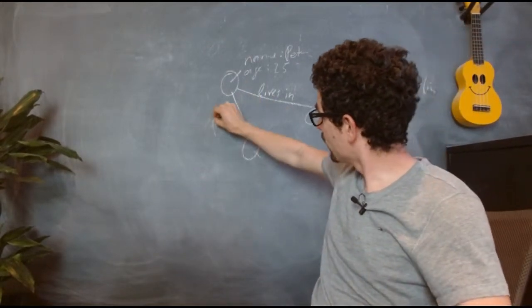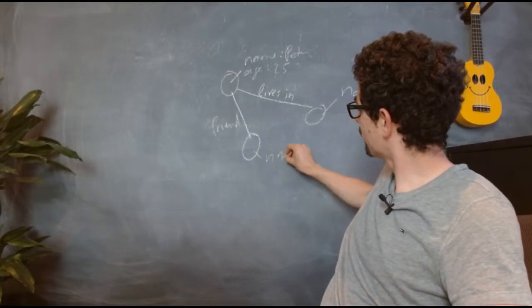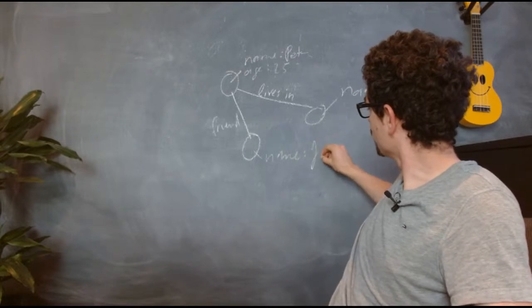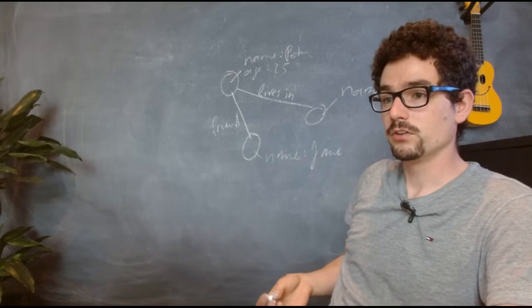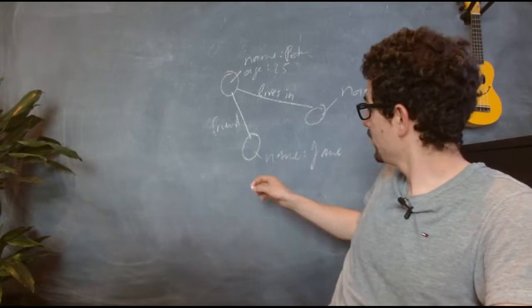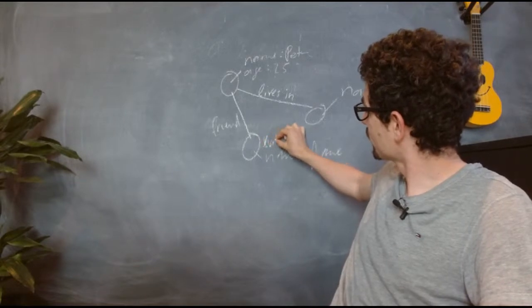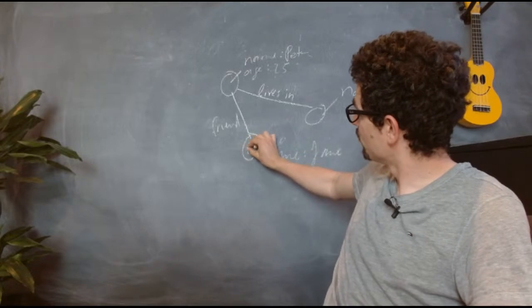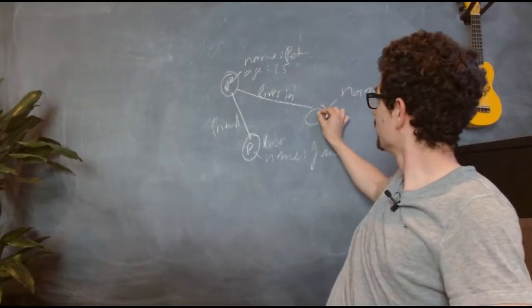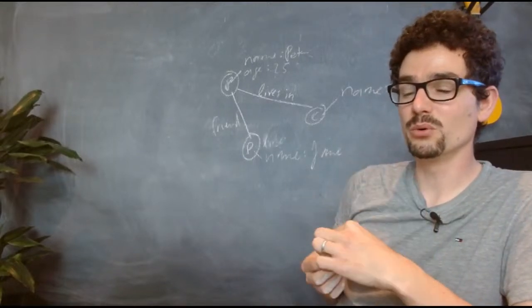Peter has a friend called Jane or something. So this is a label. And I said nodes also have labels. So this is having the label. I don't write label, I simply write it here. Person, city. So nodes have labels to indicate what kind of node it is.